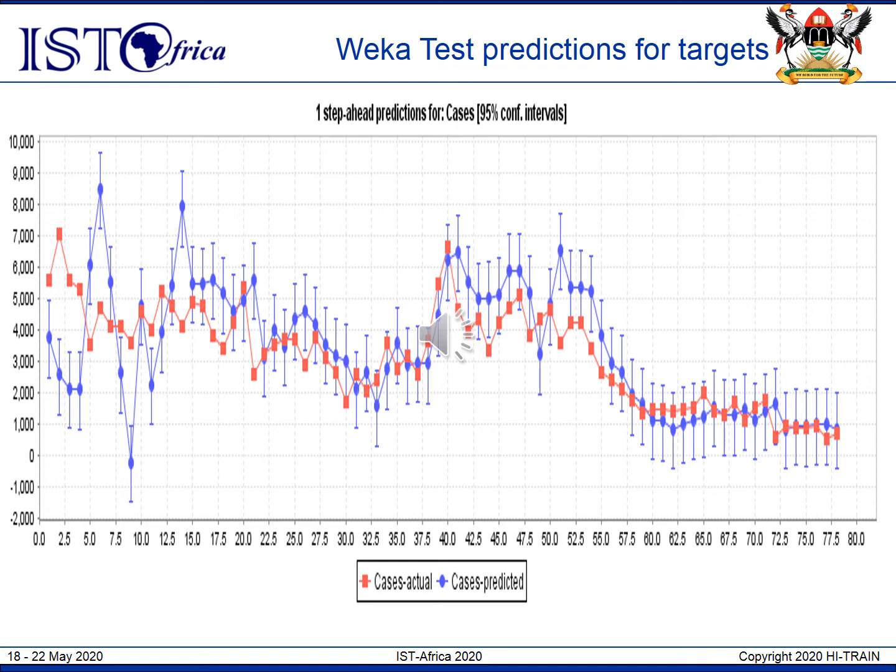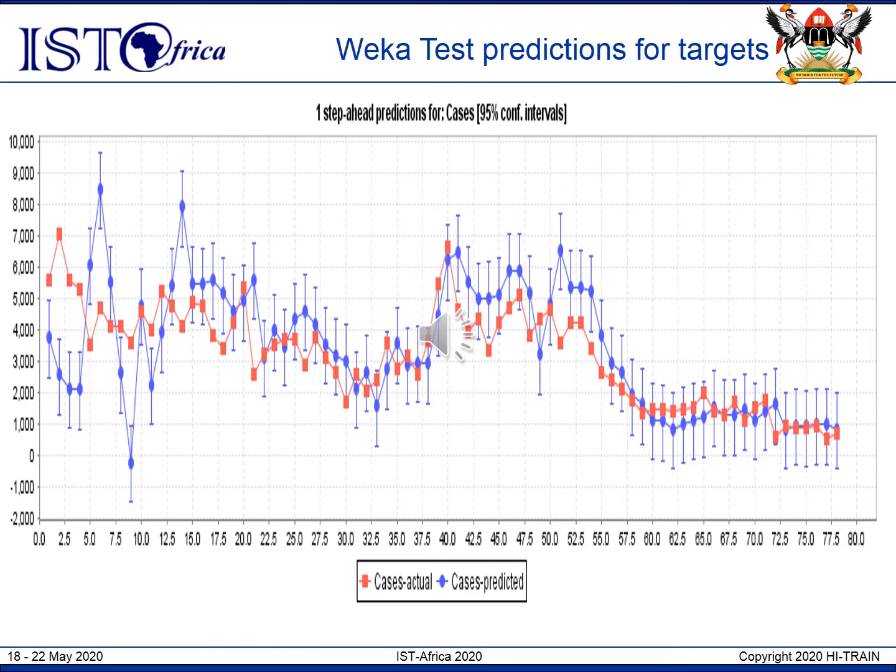Weka gives us high cases, the actual cases are low. Weka gives us low cases, the actual cases are high. It continued learning and learning over time. As it mastered the pattern of the data, it started giving us almost zero difference between the actual and the predicted cases.